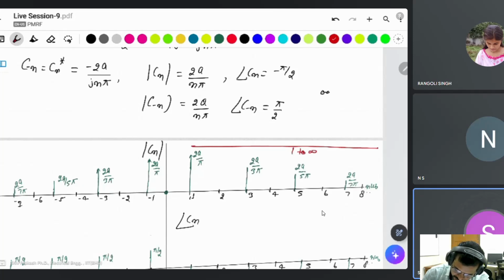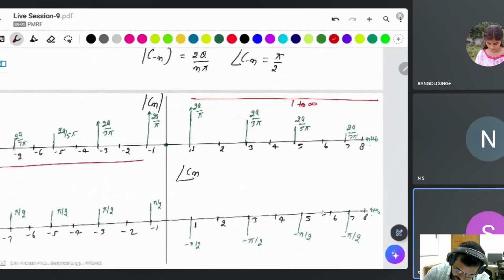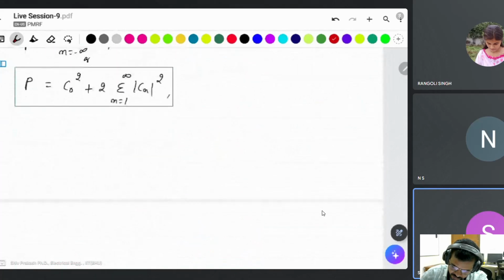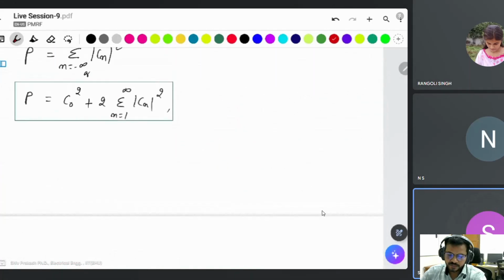C naught is separate. This is the power calculation, and the RMS for this signal is the root of P, the root of power.